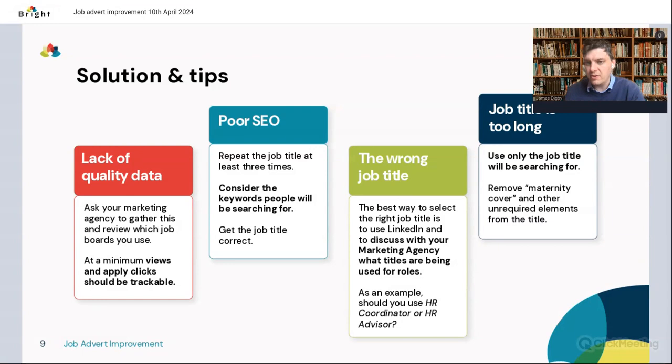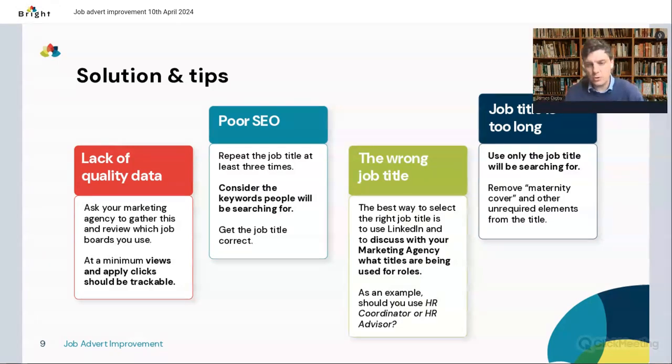And the interesting thing is different sectors use these terms interchangeably sometimes, and different sectors use this and it's very fixed, and the HR coordinator is always X, Y, and Z, and the HR advisor is always this, this, this, and this. So it is really important that you consider those job titles. And again, if you currently work with us, do feel free to ask us for some help on those job titles. And if you don't currently work with us, feel free to ask as well.